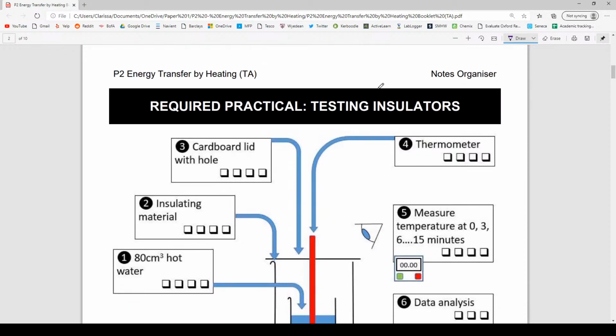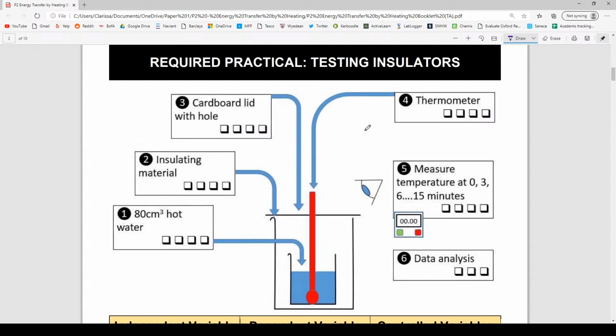Okay. So this next bit here that you're going to find in the booklet is a required practical. Unfortunately, we obviously can't do the required practical. It can be something that you do at home though, but the general idea of this required practical is just seeing how different materials are better at insulating. And the way it works is you fill up a beaker or a cup of hot water, wrap something around it, and then see how long it takes for it to get to a certain temperature, or say after 5 minutes, what temperature is it at.